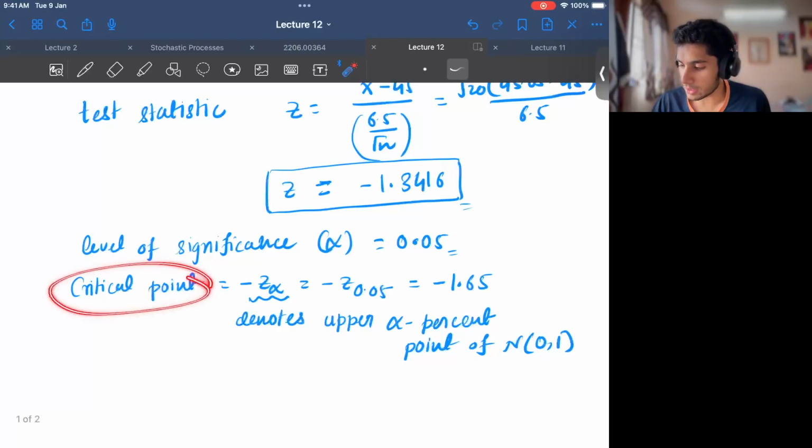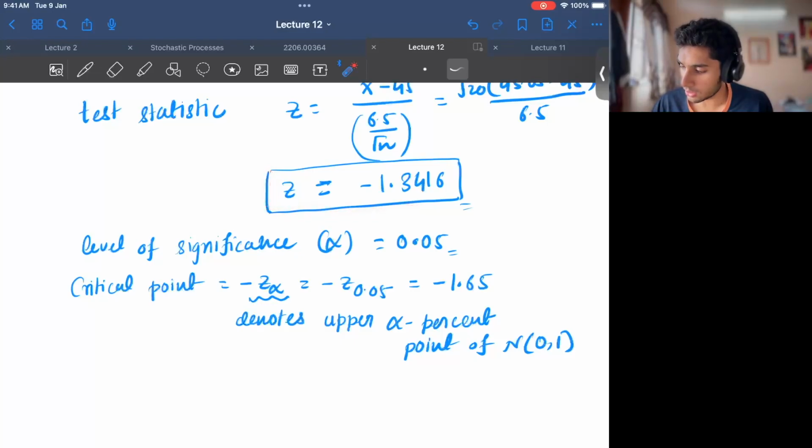The critical point doesn't depend on the test statistic or the number of points here. You just take the upper alpha percent point of normal 0, 1, and since z was negative here, you take minus z alpha, which will become minus z 0.05, and use your Gaussian table. This comes out to be minus 1.65.